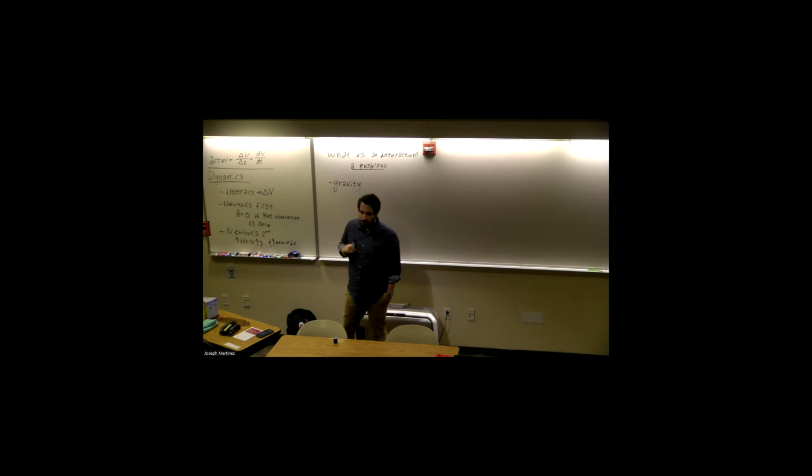Why did it fall to the ground? Because of gravity. So we could say gravity pulled on that mass, right? So we can talk about this interaction of gravity, which might push or pull on an object.